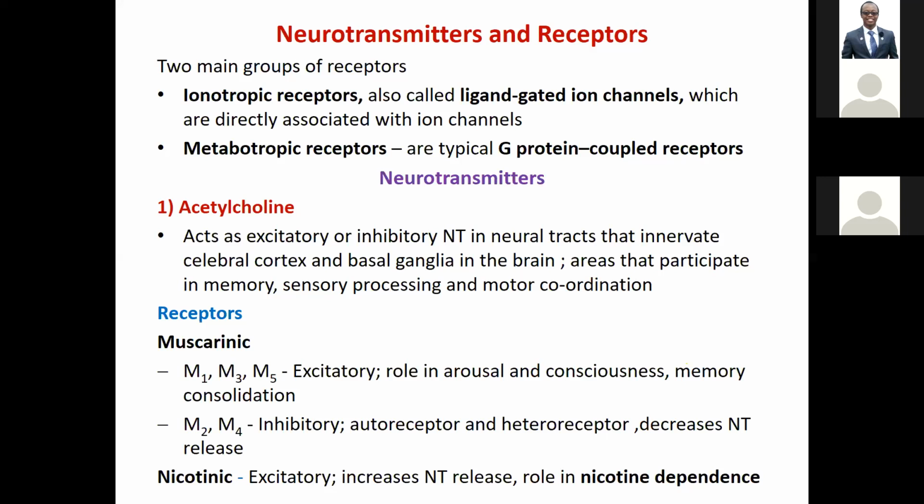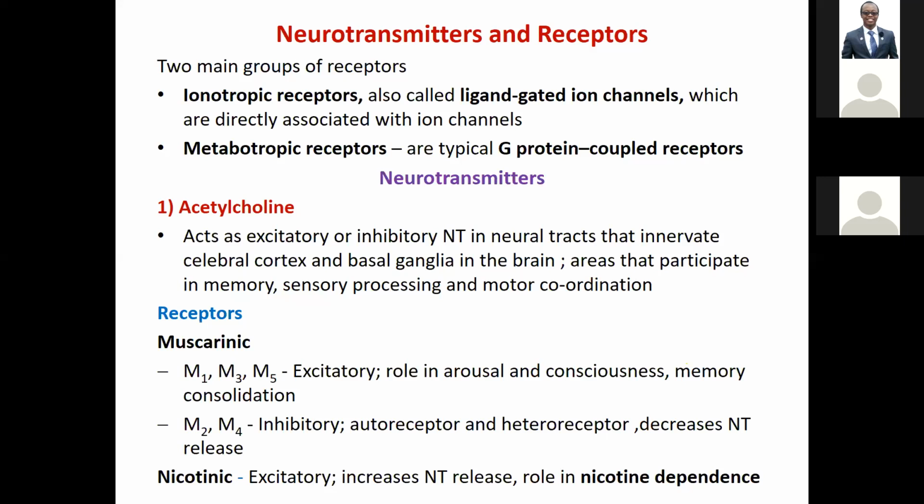So again, Satya, what is the mechanism of action of benzodiazepines? Benzodiazepines potentiate the GABA receptors, and they bind on the GABA receptors on the alpha component. Is it GABA A or GABA B?